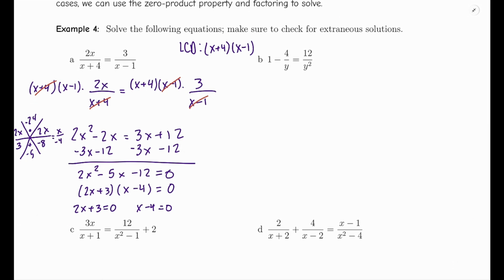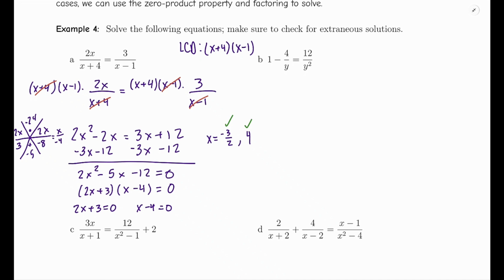If you solve 2x plus 3 equal to 0, you get x equal to negative 3 halves. And if you solve x minus 4 equal to 0, you get x equals 4. Now, when I check whether these make the LCD equal 0, you will find that both of them are non-zero. So both of these are a solution.